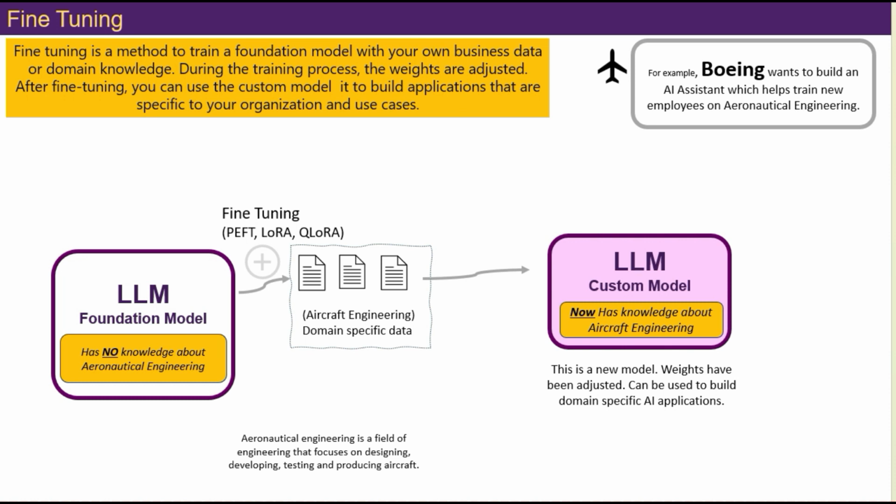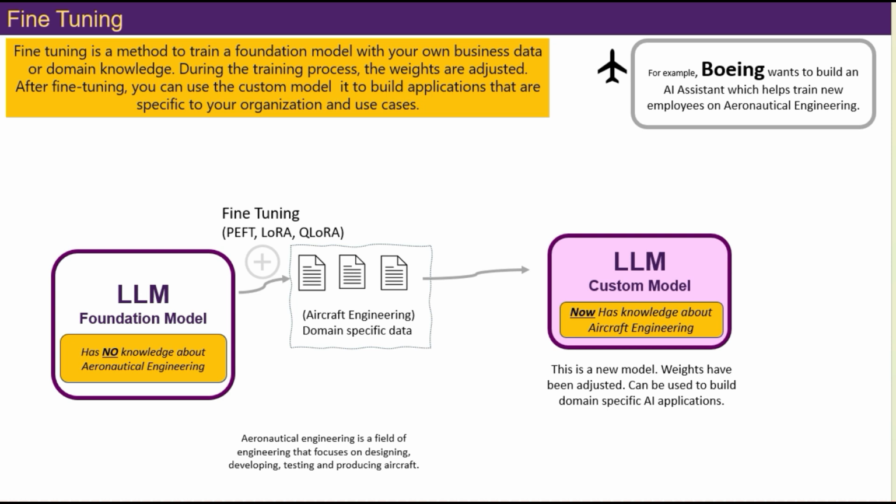Okay. Now, the foundation models out there, they have knowledge about the world. They understand language. They understand the semantics of language. They have reasoning power, but they have no knowledge about aeronautical engineering, which focuses on designing, developing, producing aircrafts. All right.